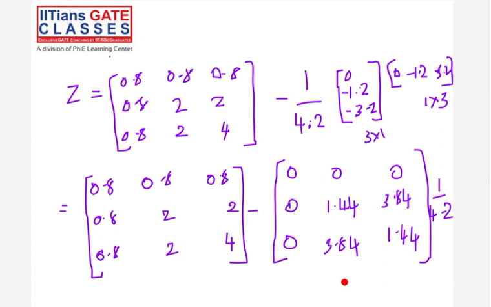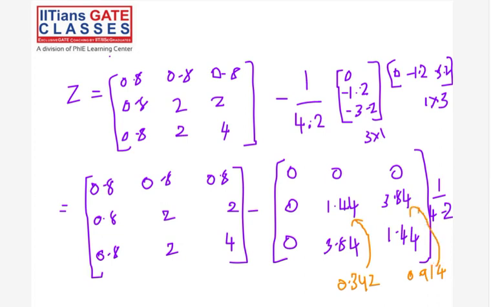That would be 0.342, and what would be this one? 0.9, rounding it, 0.914. So this is after division by 4.2.